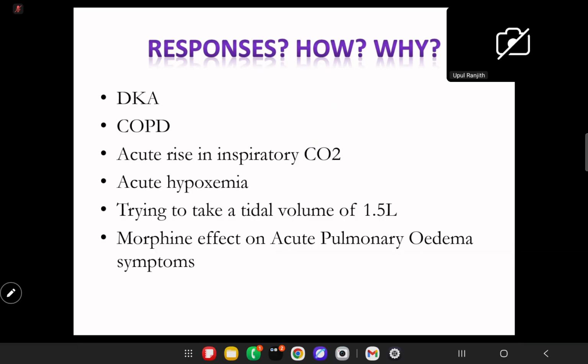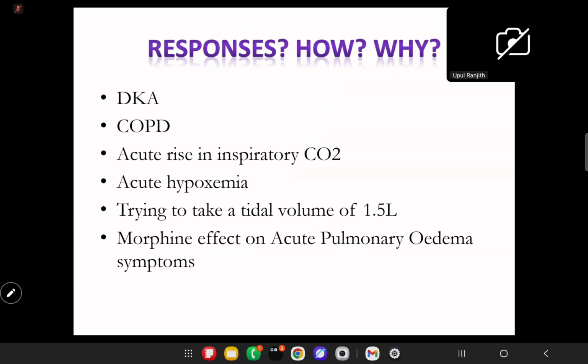So you think of these situations. In acute hypoxemia, what are the receptors that are stimulated? And when you are trying to take a tidal volume of 1.5 milliliters, what happened? Then morphine effect on acute pulmonary edema. So you are blocking some receptors and making you ease, right?